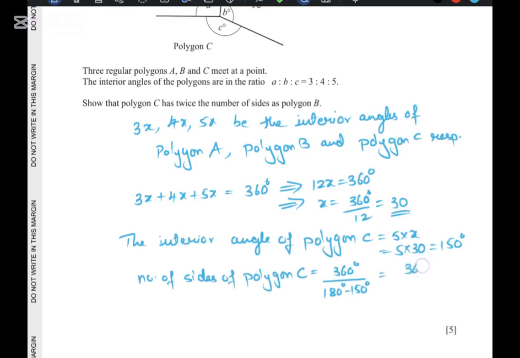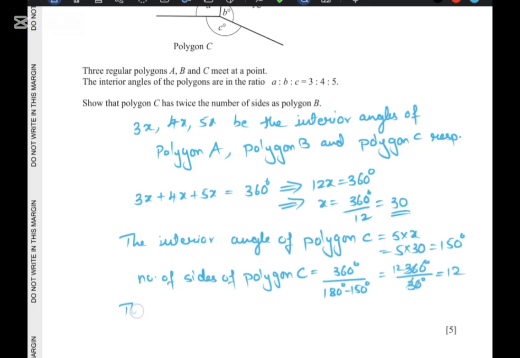So 360 by 180 minus 150 is 30. This will be the exterior angle, so it is 360 by 30, which is 12. It has 12 sides.